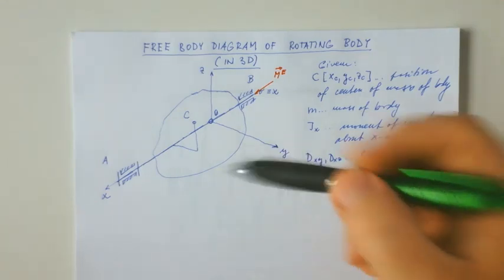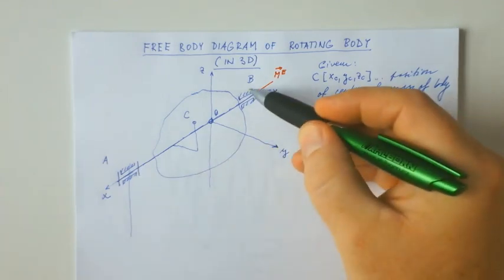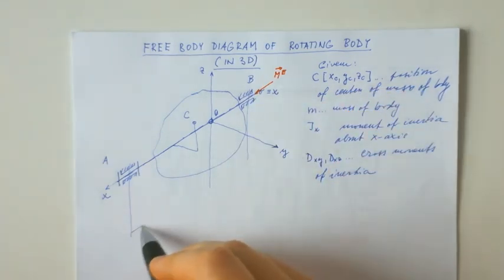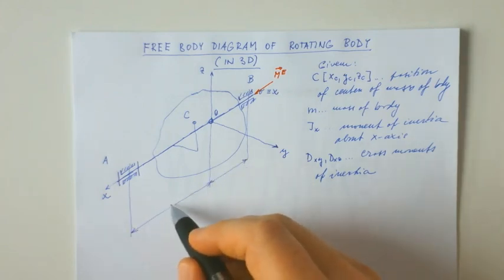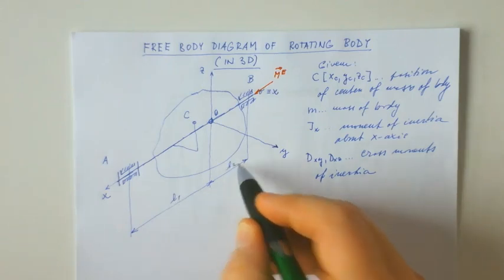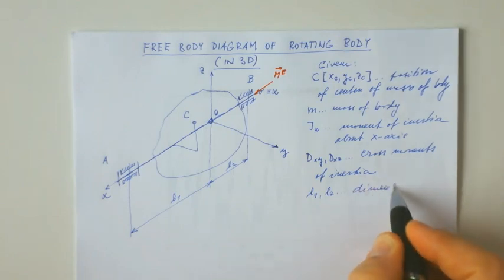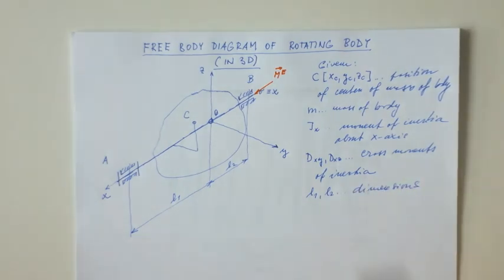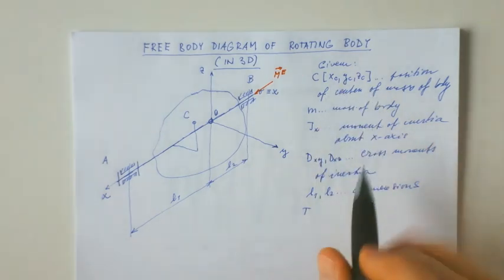We should also know the topology of the system. So I will make these dimensions. There is L1 and L2. So L1, L2 are dimensions. And now I think it's a totally definite task, I mean the given values of the task.